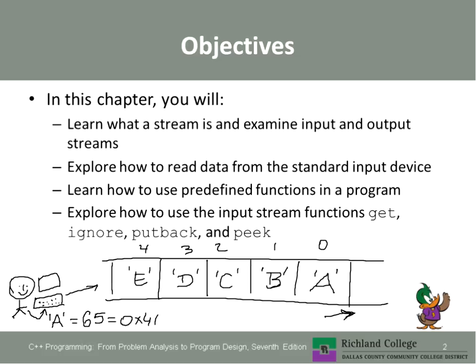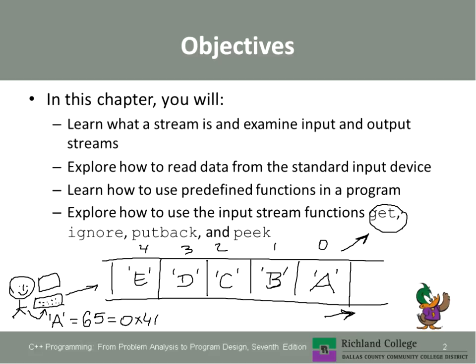So what are we going to do when we try to get something? When you get something, you're basically extracting a character from the stream. Or sometimes you can get a group of characters. In the case of cin, if cin reads a character, it's going to be just 1 byte.